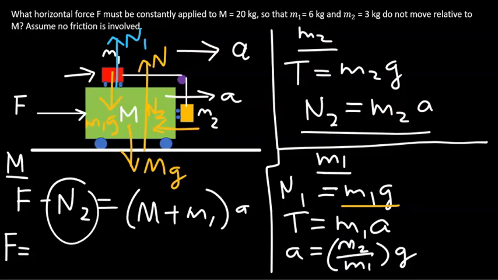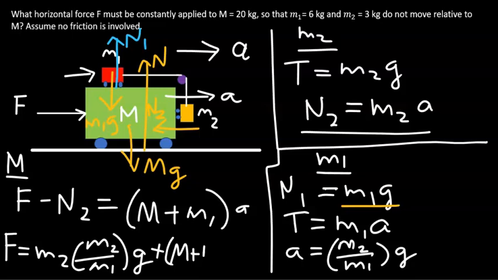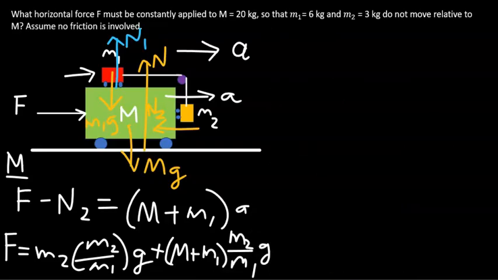So capital F equals N2, which is m2 times acceleration, and acceleration has been determined as m2 over m1 times gravity, plus the second term, capital M plus little m1 times again the acceleration, m2 over m1 times gravity. Let's simplify this expression.